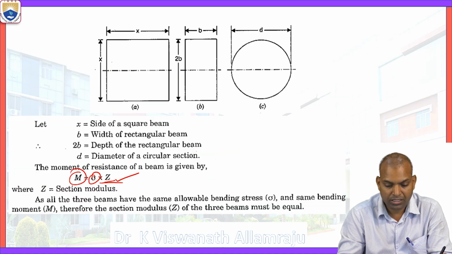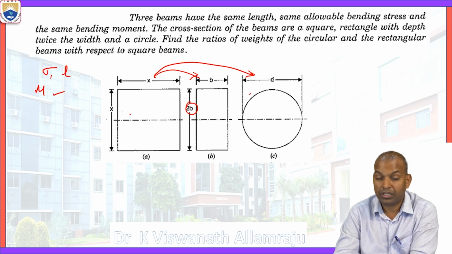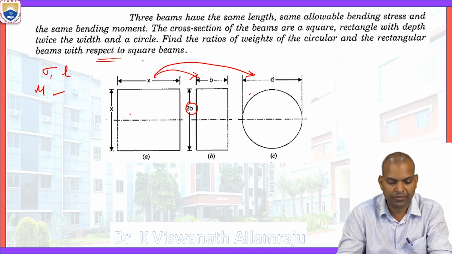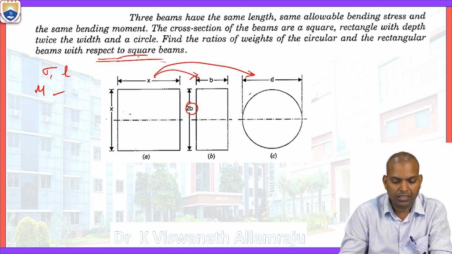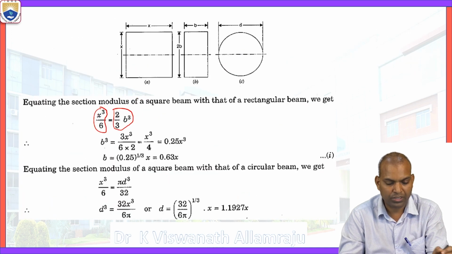Because it is asked to find the weight ratios of circular and rectangular with respect to a reference. What is the normalizing reference? The square beam. That's why the square beam section modulus is equal to that of the circular, and to that of the rectangular beam. That's what we are doing here.